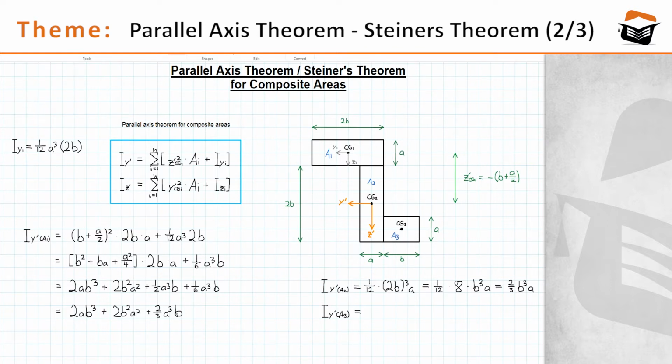Let's identify the distance between the centroids of the two partial rectangles along the z prime axis.